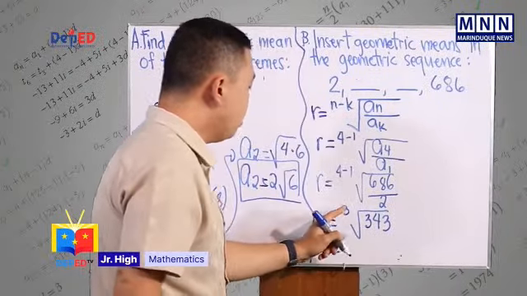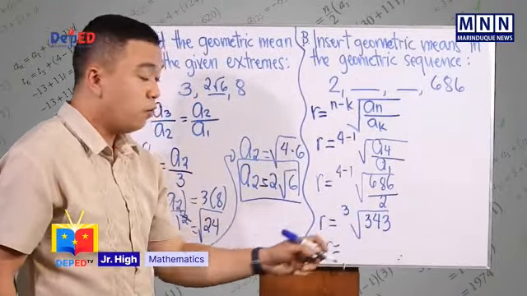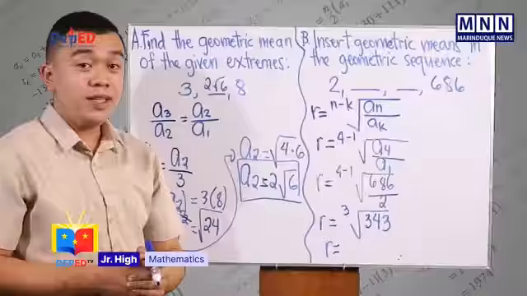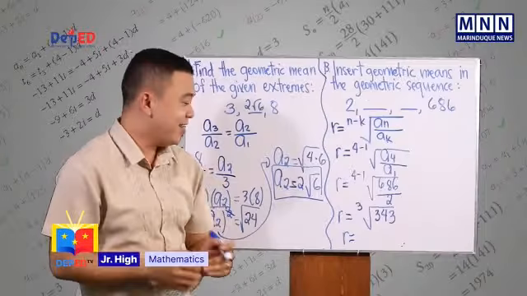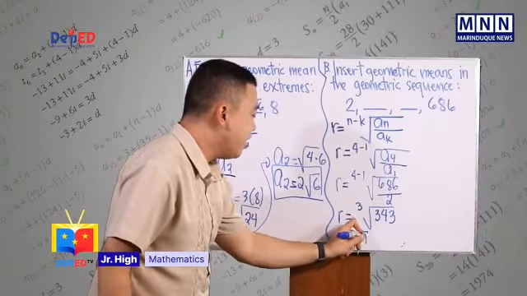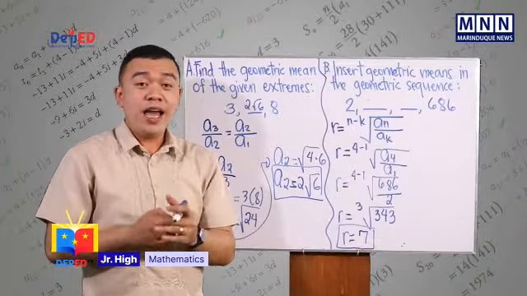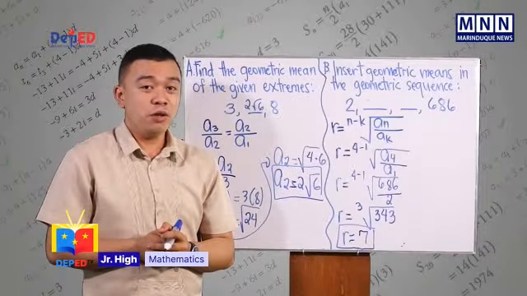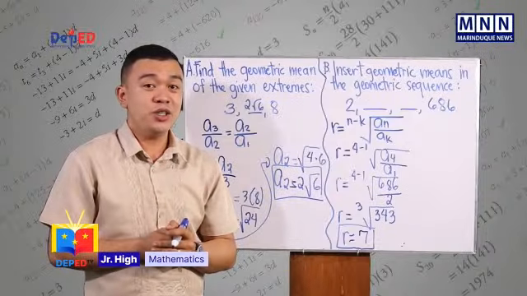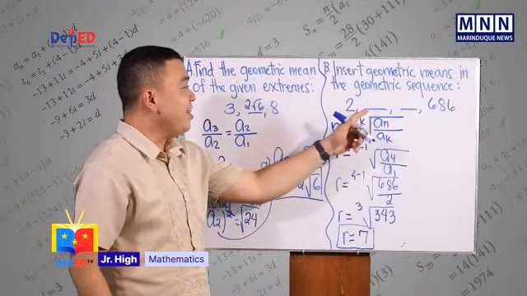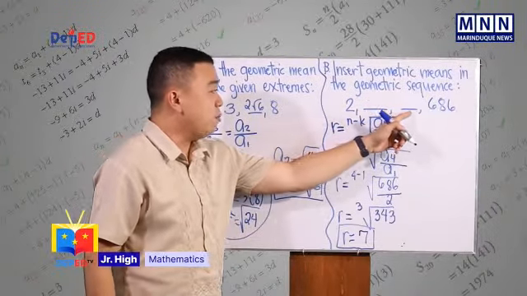Getting the cube root of 343 will give us 7. Since we already have our common ratio, we can now solve and find the missing terms. Again, that is a sub 2 and a sub 3.